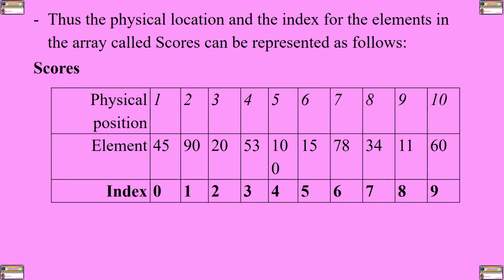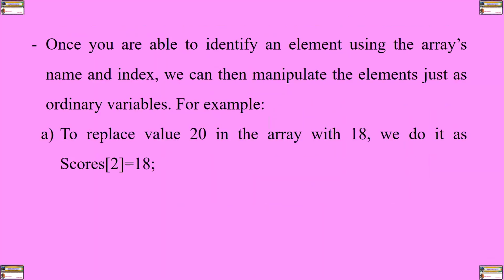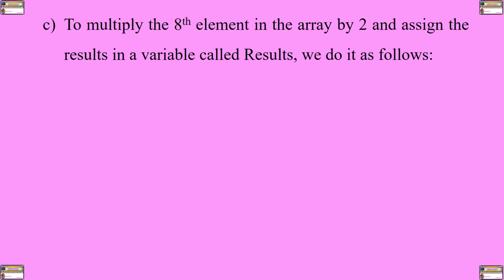So if you want to multiply 34 by 2 to get 68, what we just need to do is to write scores[7] times 2. That is like saying 34 times 2. So that's what we mean.